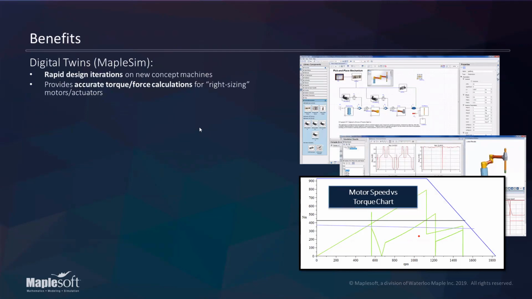You might want to optimize for minimizing load at a certain place in your design, or maybe you want to maximize throughput of how fast this thing can move before the components you're using aren't going to be sufficient. You can run those kinds of analyses very quickly with a digital twin from us. And that's going to have a lot of value in speeding yourself along to further stages in your development.